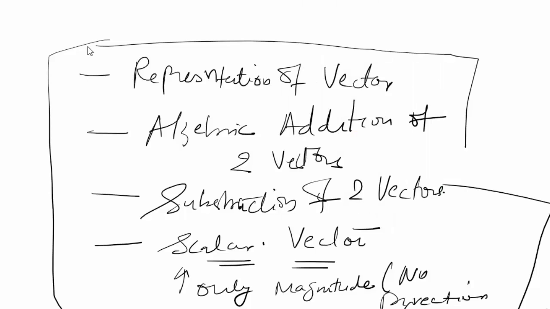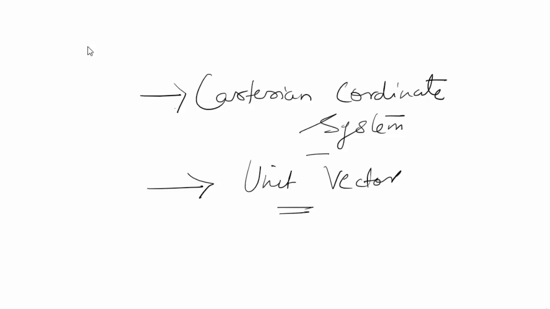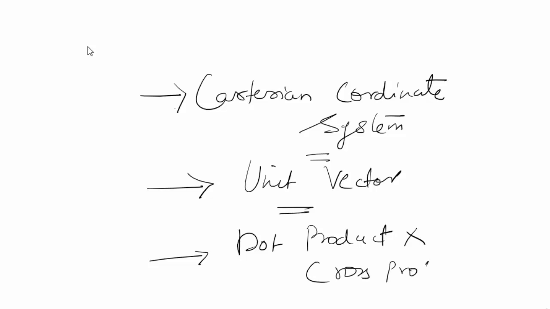So the next lecture is about how to represent the vector using the Cartesian coordinate system, and then what is a unit vector, and after that I will talk about the dot product and cross product of vectors.